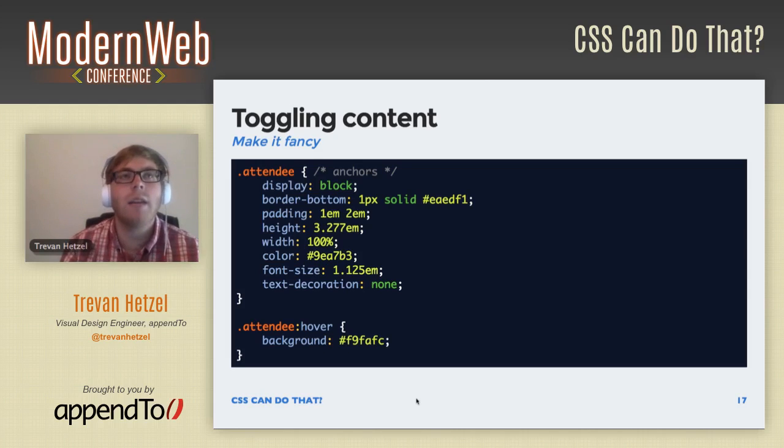I don't typically like to set explicit heights on things, but for this case we need to, and I'll show why in a few slides. But just know that we're basically going to have to come back and remember what that height value was. And then obviously just a nice little hover, changing the background color on hover.